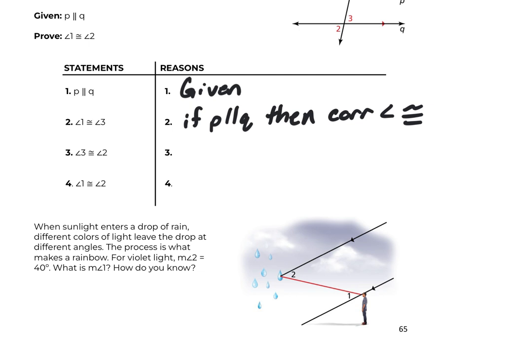If I just say corresponding angles theorem, what do we mean? I think it means more if we say what we're talking about. And notice how we're writing our statement. It's an if-then statement. We're going to continue to see that a lot as we go through. Whenever we see a theorem, most of these theorems are going to be written in that if-then form that we did in chapter 2. Okay, so we know now angle 1 is congruent to angle 3.